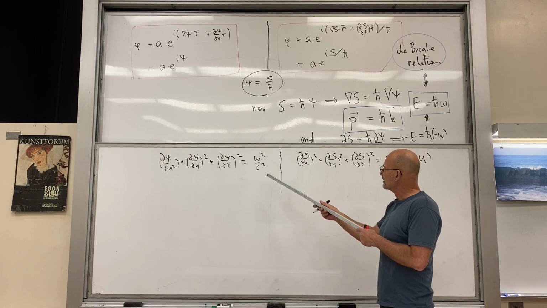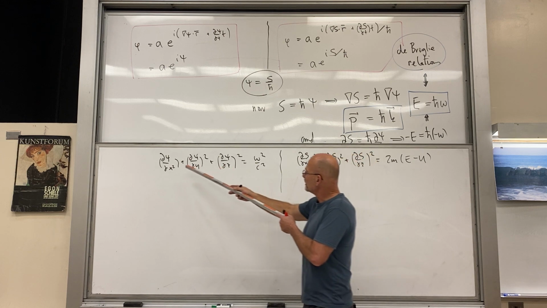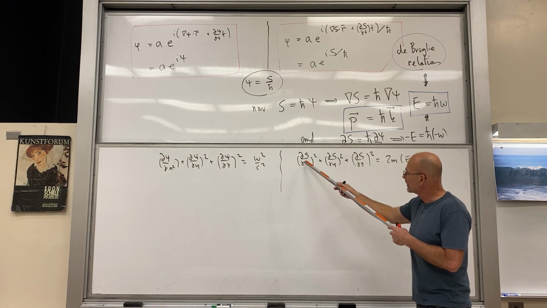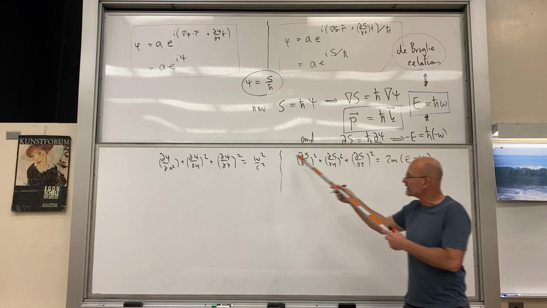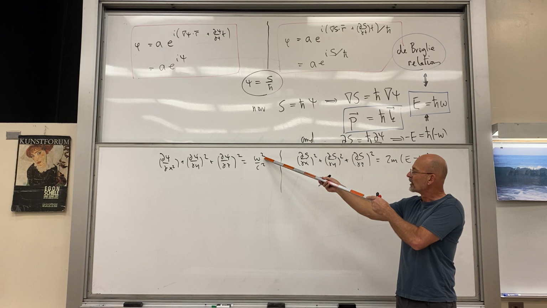So by multiplying the whole thing by h bar squared, that's how we're going to identify the left side and the right side. Multiply the left side by h bar squared, the right side by h bar squared.